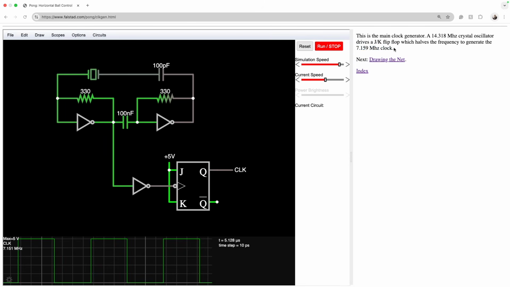So this crystal is probably generating this frequency, 14.318 megahertz, millions of times per second. That is the rate.